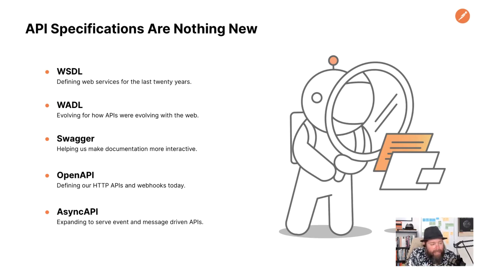Along the way, AsyncAPI emerged as a sister specification, allowing us to use the same vocabulary, but just for describing event and message-driven APIs, providing a format that we can use across multiple protocols.